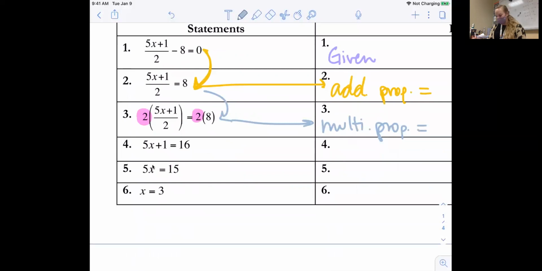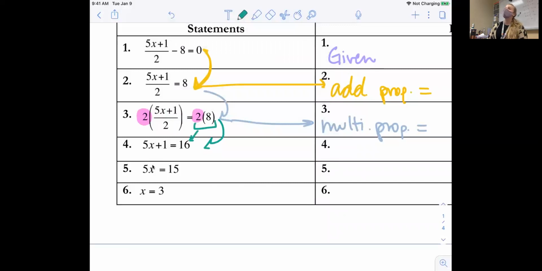The next one is a little misleading. Tell me what we did, and then I'll tell you what the answer is. What did you do? Did you multiply by both sides, though? Well, we just did multiply by both sides the last step. We solved. I would call this simplify. We simplified it. We took 2 times 8 and we multiplied it to get 16.